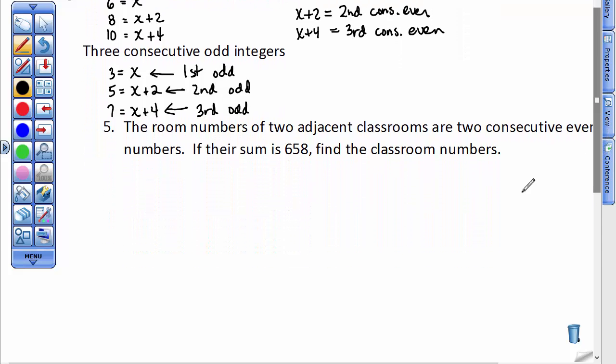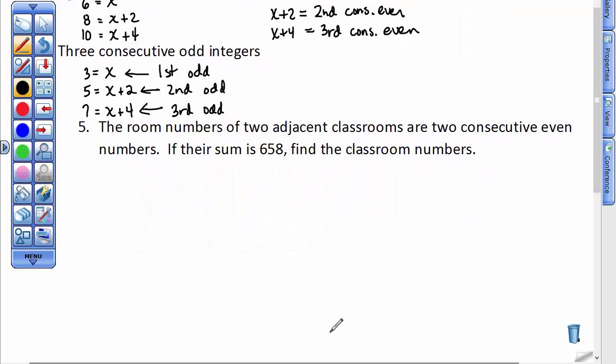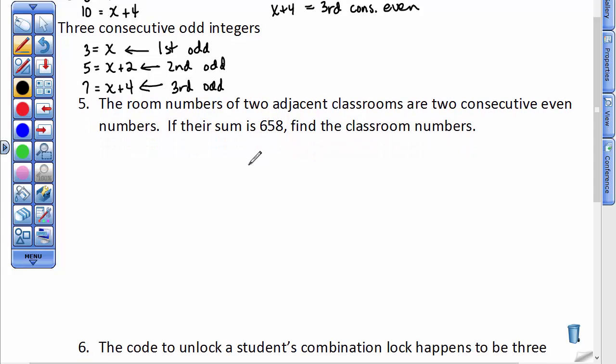All right, so what we have now here is a story problem involving this. We have two adjacent classrooms, and the room numbers on the doors are two consecutive even numbers. So here are the two doors, and one of them is the door called x.